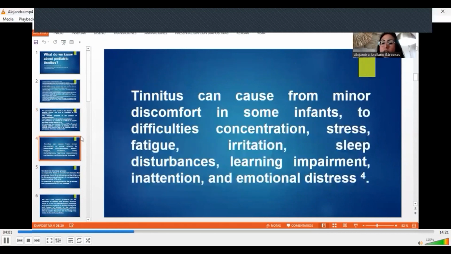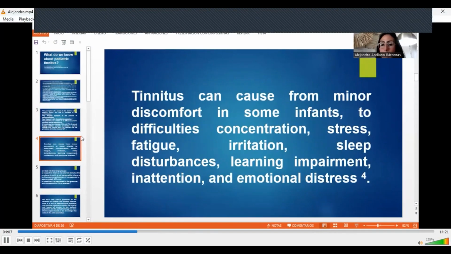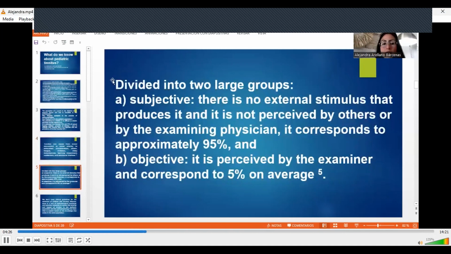The tinnitus can cause from minor discomfort in some infants to difficulties in concentration, stress, fatigue, irritation, sleep disturbance, learning impairment, inattention, and emotional distress. And we can divide the symptom in two large groups.